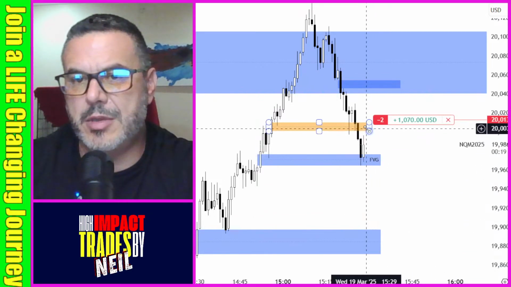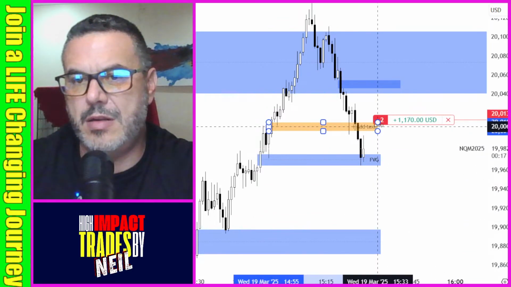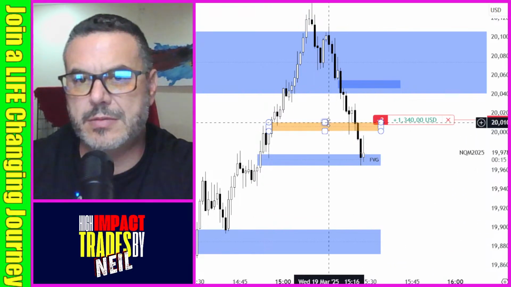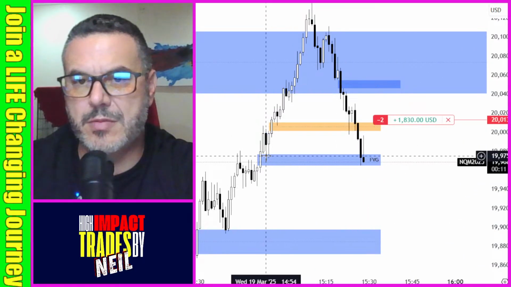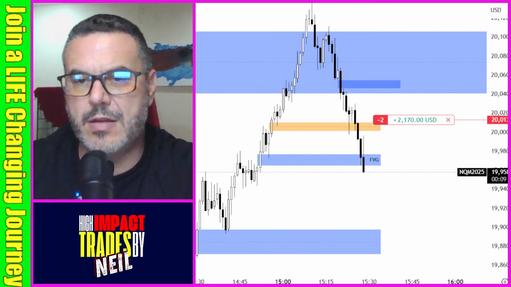Right, so we're between a fair value gap and an inverted fair value gap. See if we can carry lower because we've closed below there.